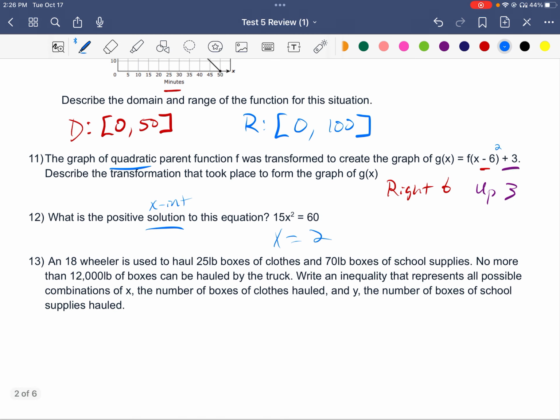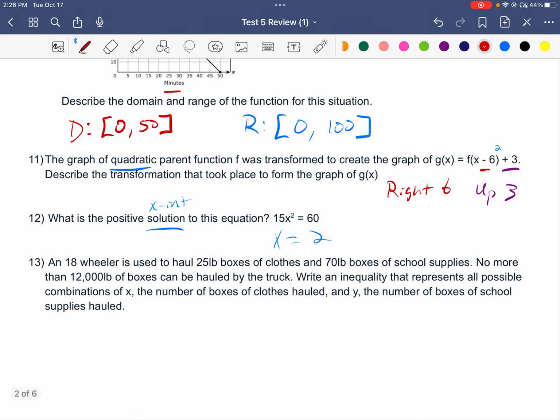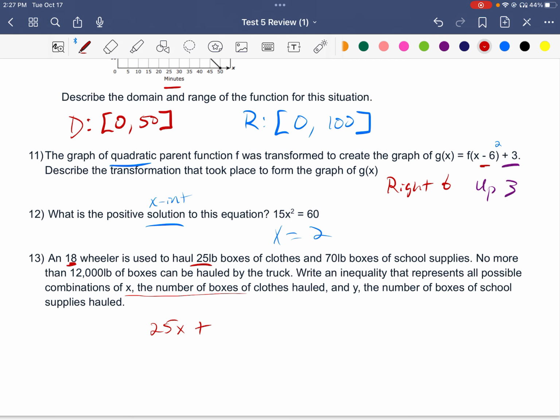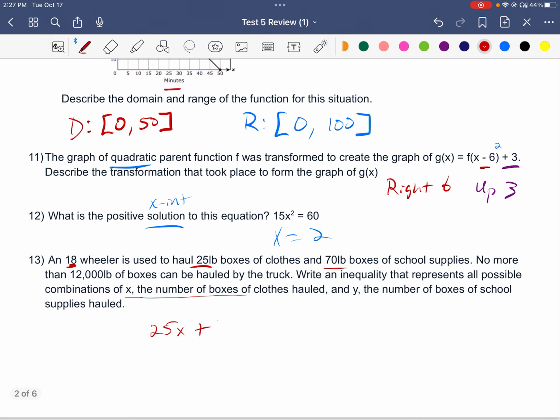So this question was designed to throw you off to have a number there, 18-wheeler. We don't use the number 18 at all. So we're looking at 25-pound boxes of clothes. So x is the clothes. So we can have 25x pounds of boxes of clothes, plus we can have 70-pound boxes of school supplies.